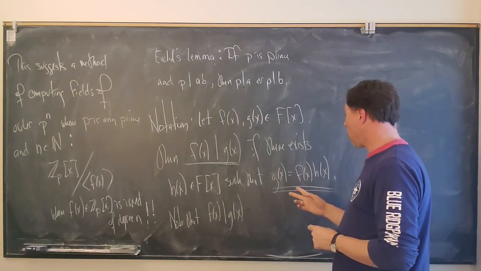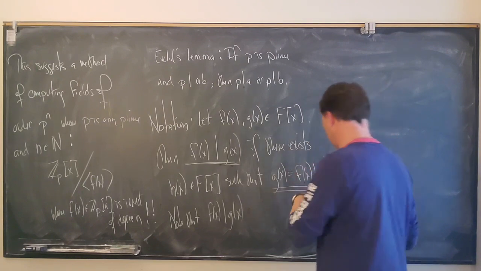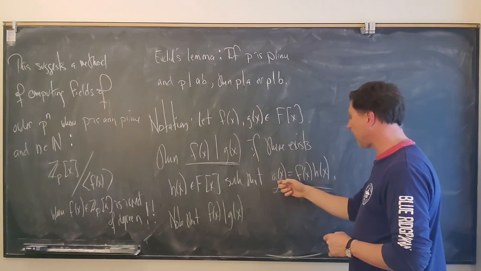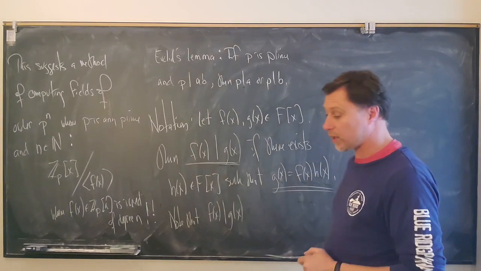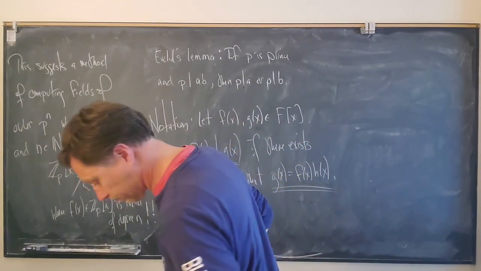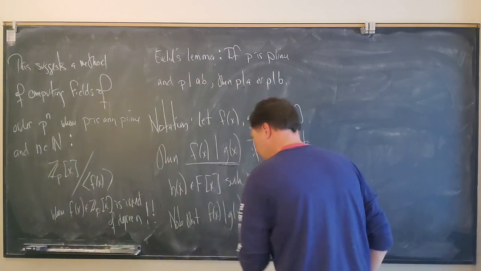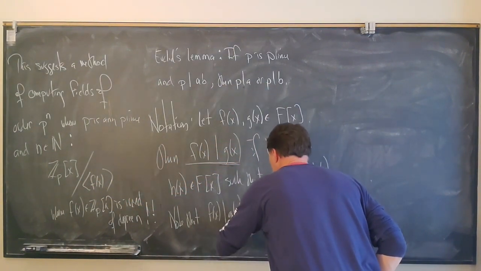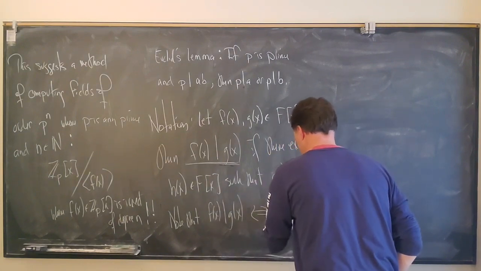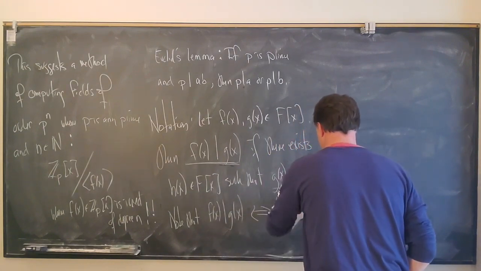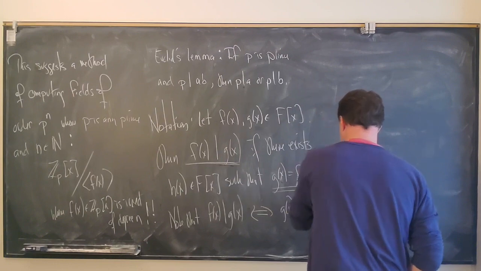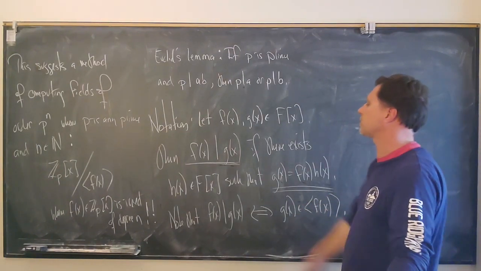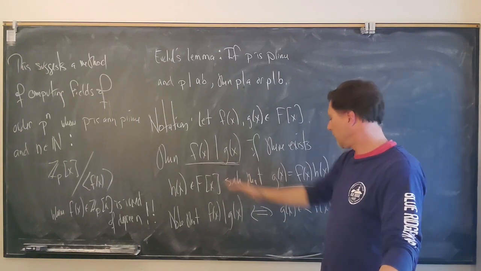It says that g(x) lives in the ideal generated by f(x). So note that f(x) divides g(x) if and only if g(x) is in the ideal generated by f(x). So we can phrase this concept of divides in terms of ideals.